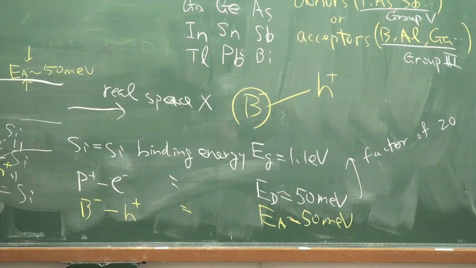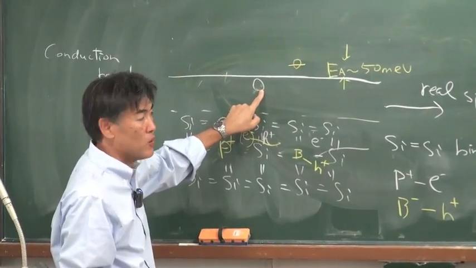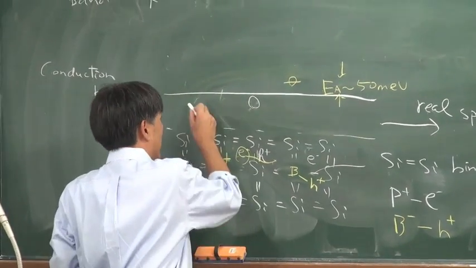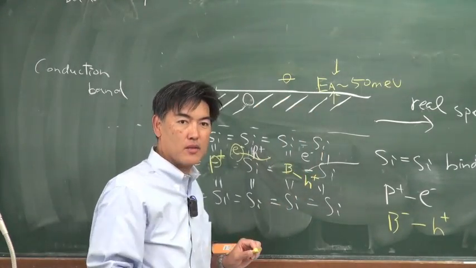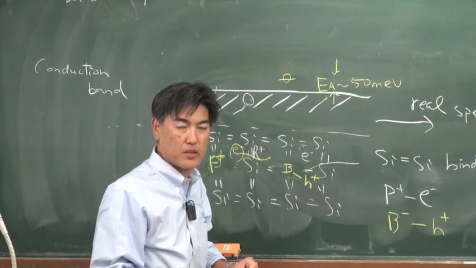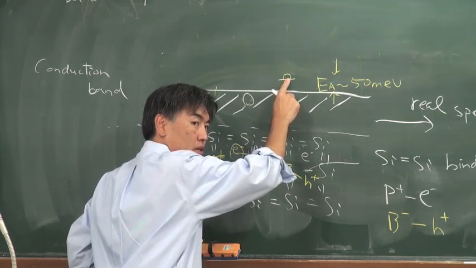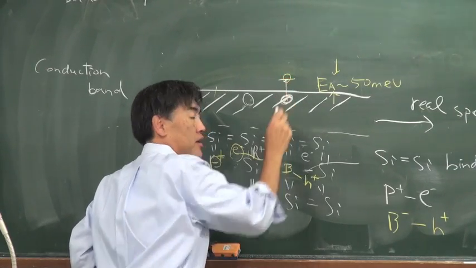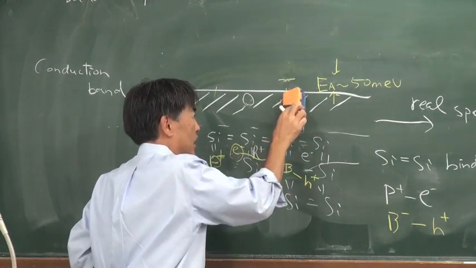Why do I draw an open circle here? Because in general, I'm drawing an open circle as a hole and a filled circle as an electron. Because this valence band is filled with electrons, right? Black dots, filled with electrons. And then this hole is empty, so if I bring one of the electrons from here to here, I will kill such a hole. And instead, I create a hole here.